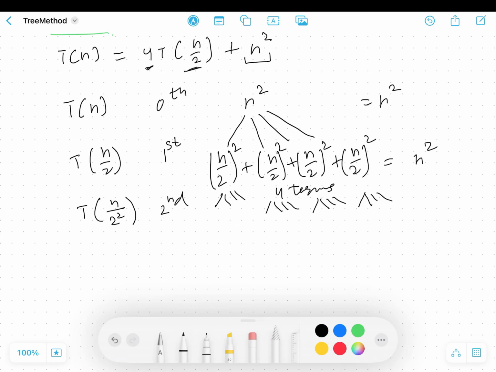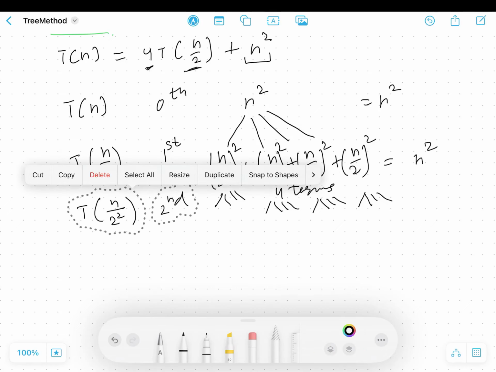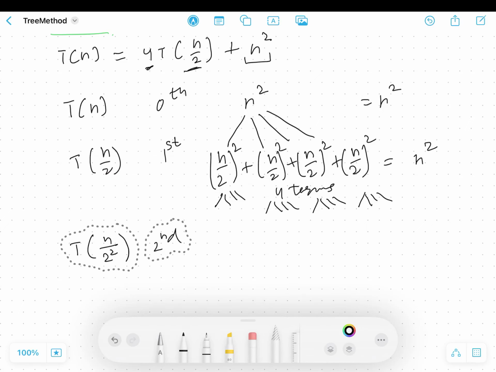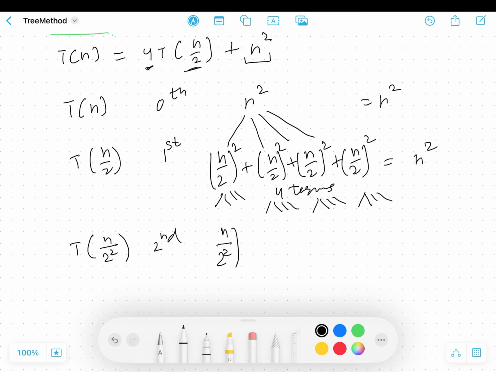So we will have 4 raised to the power 2 terms.